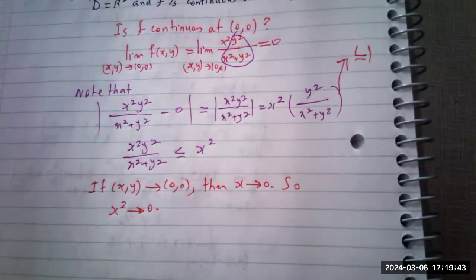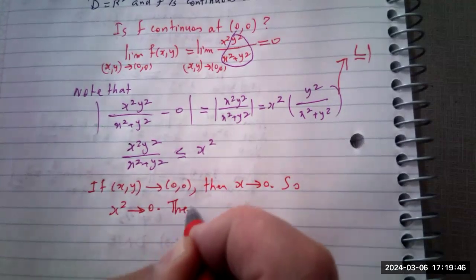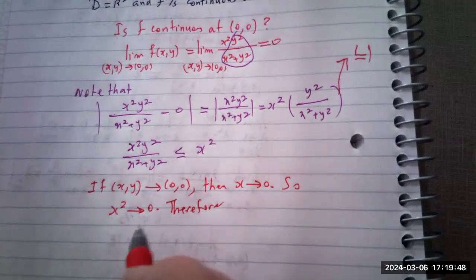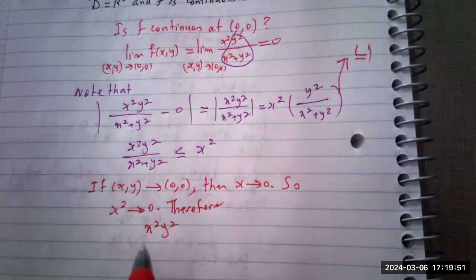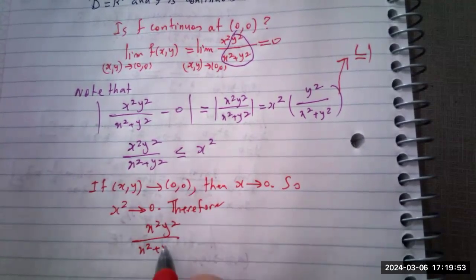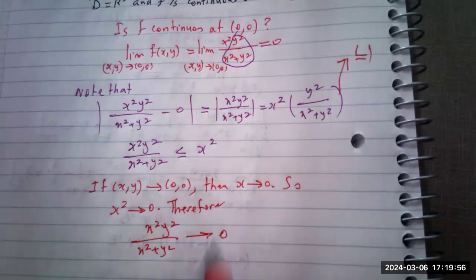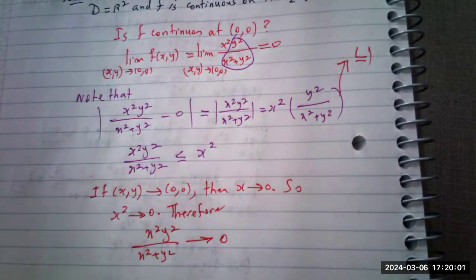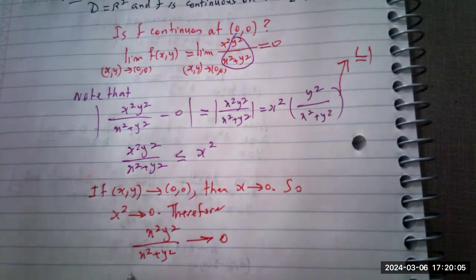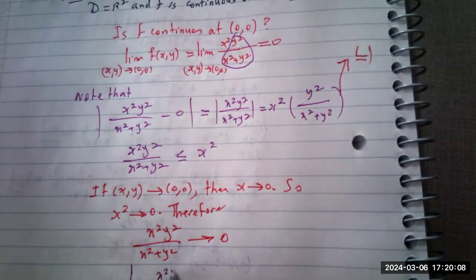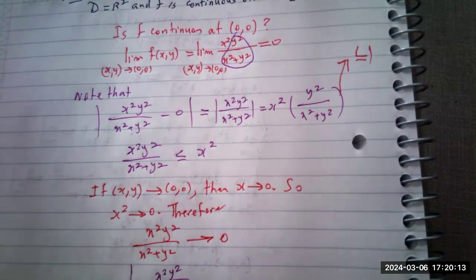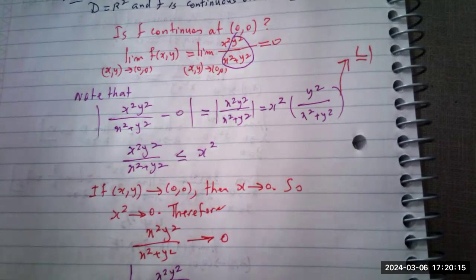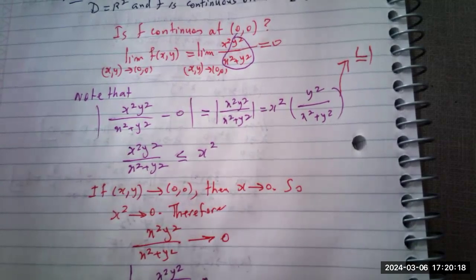And kind of a squeeze theorem type, therefore x squared y squared over x squared plus y squared goes to 0. It's like the squeeze theorem because this is bigger than 0, and this is going to be 0 on both sides. So the limit as (x, y) goes to (0, 0) is 0.